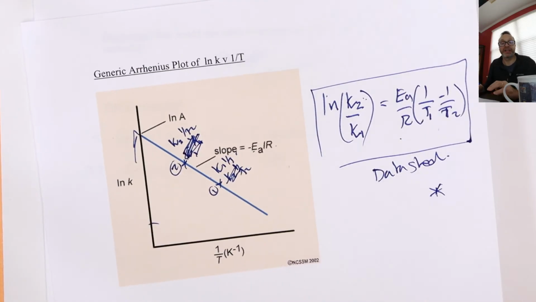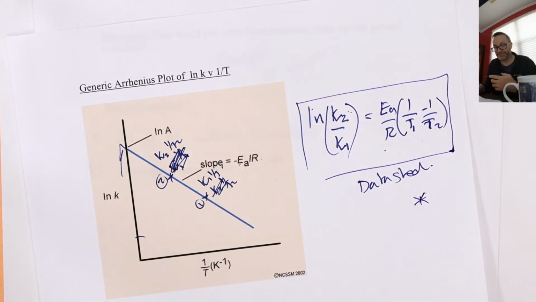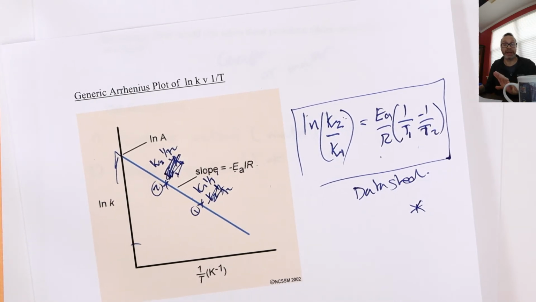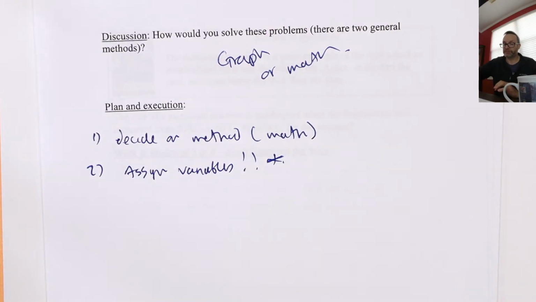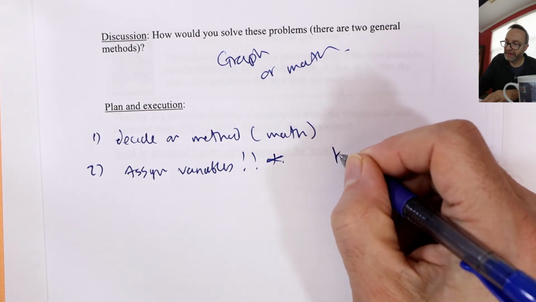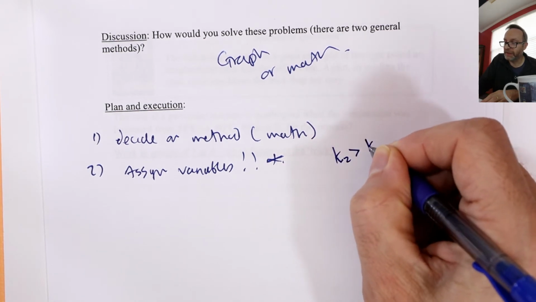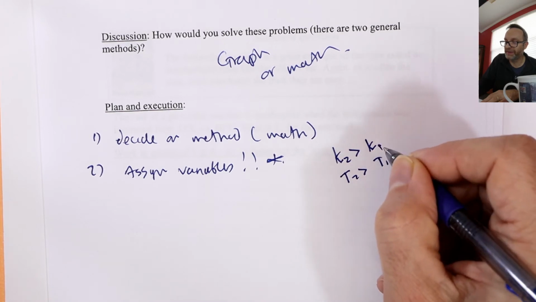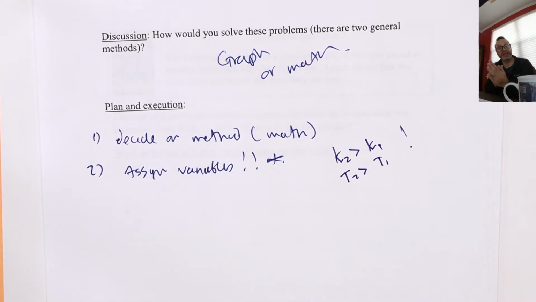I can't really stress that enough. Where people mess up with this, and to be honest, if you flip the fraction, change the order, it will work, but it's more math. So make sure K2 is bigger than K1 and T2 is bigger than T1. If we assign them correctly, it works very simply, okay?